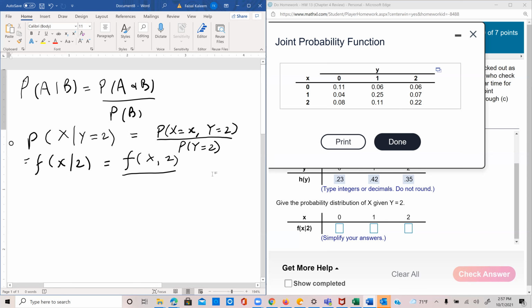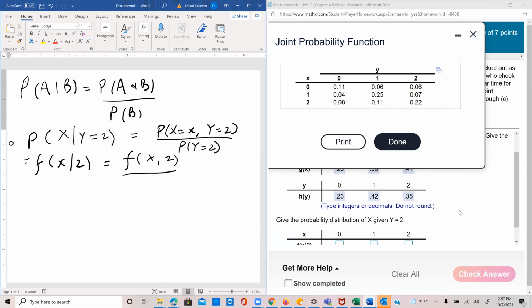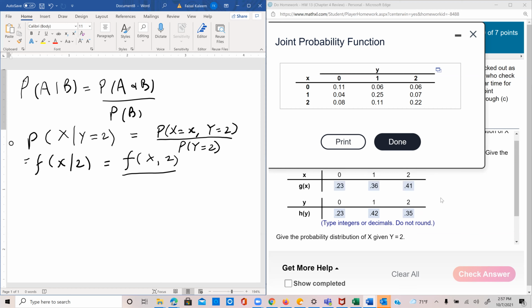Okay, so y is equal to 2, or it's the marginal density of basically, so another notation that they have, it's h of 2. That's what we have for probability y is equal to 2. So in marginal density notation, it's the marginal density of y at y is equal to 2.